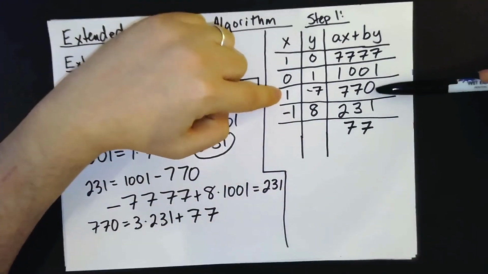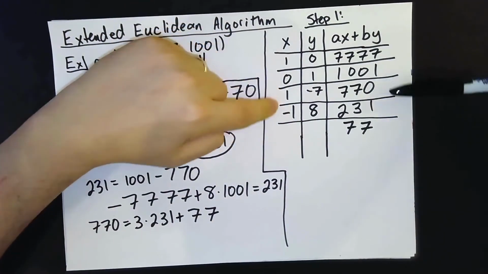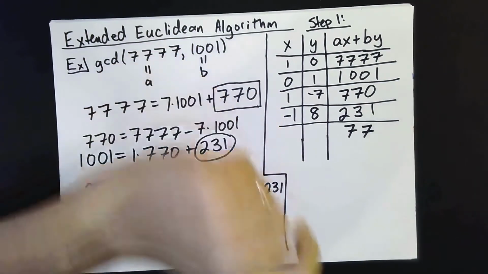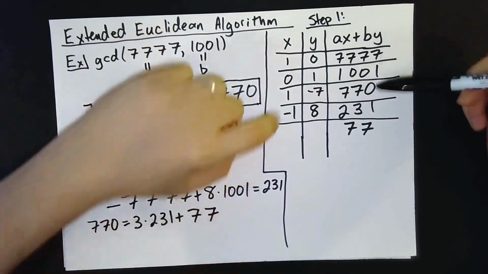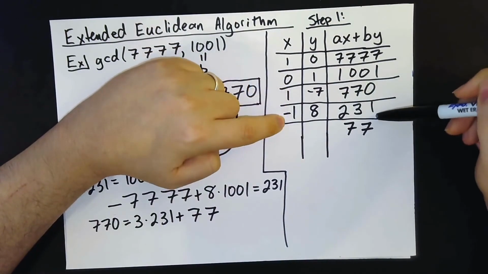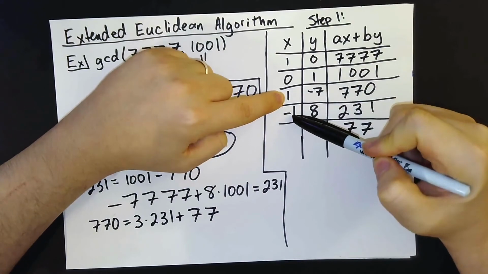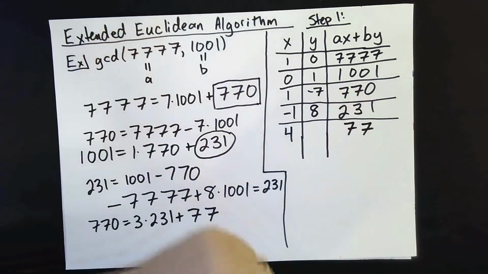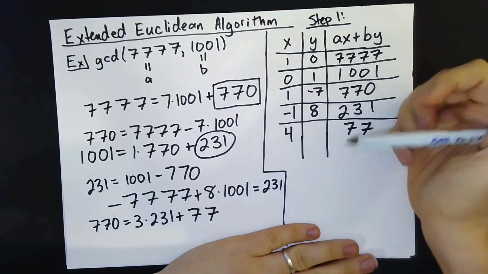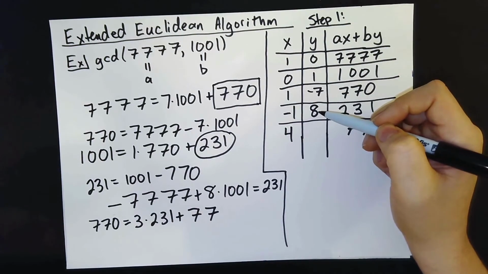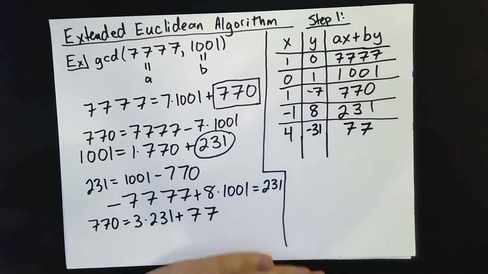So this row minus 3 times this row is this row. So let's do that calculation. This row minus 3 times this row. That'll be 1 minus 3 times minus 1. So that'll be 4, minus 7 minus 3 times 8. That will be minus 31.